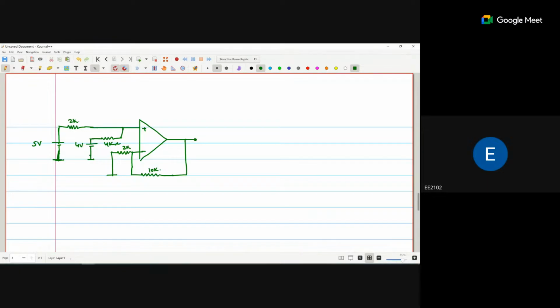Okay, you can verify using the formula and using the superposition theorem.